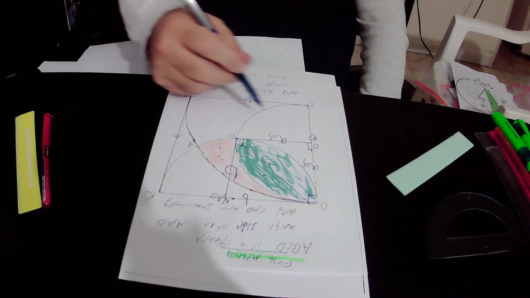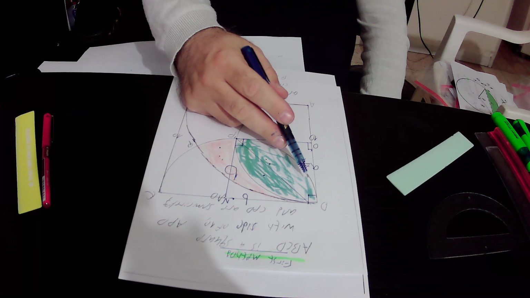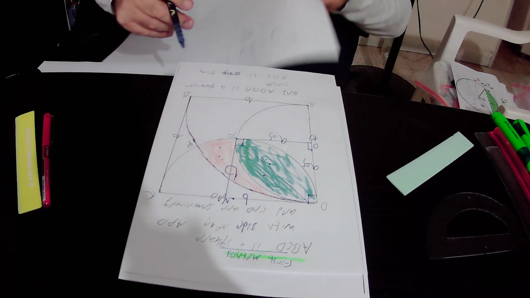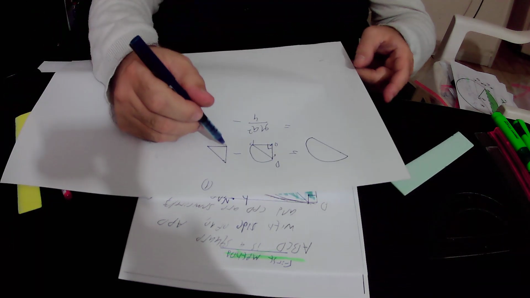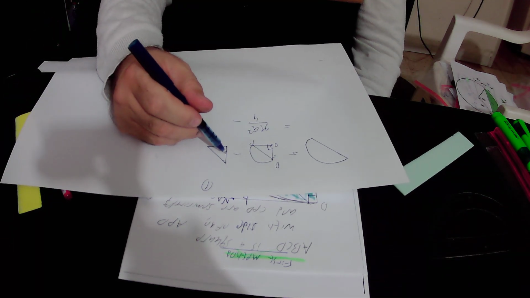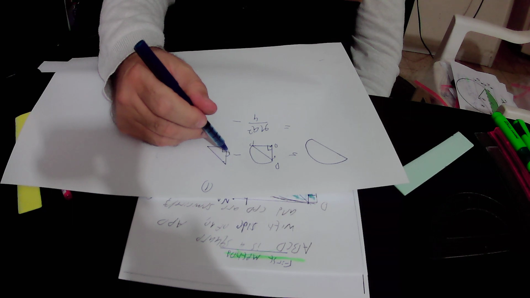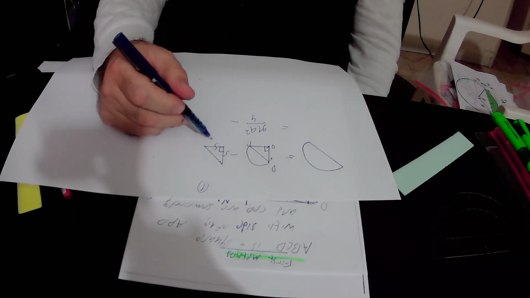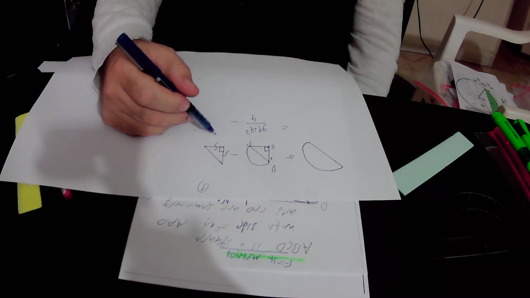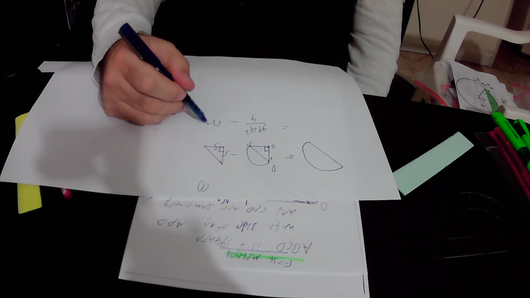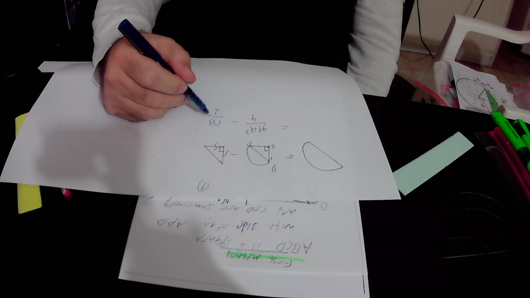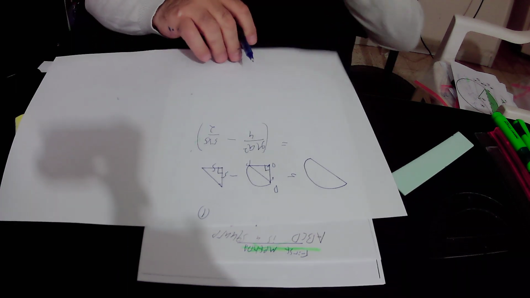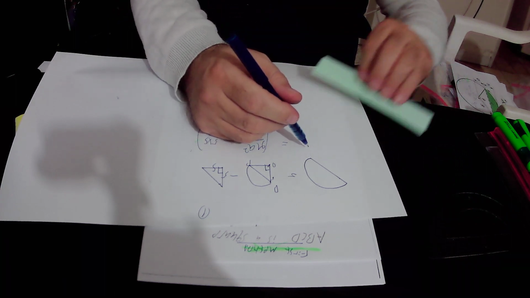So therefore, both sides of the right triangle DOP are equal to 5. This angle equals 90 degrees, and both sides of this triangle equal 5. So the height is 5 and the base is also 5, so it is 5 times 5 over 2. So we actually found out the area of this circular segment.